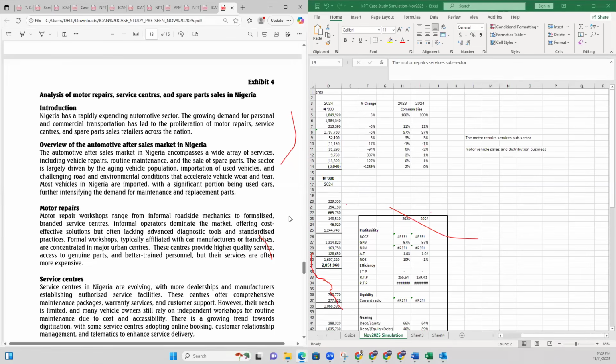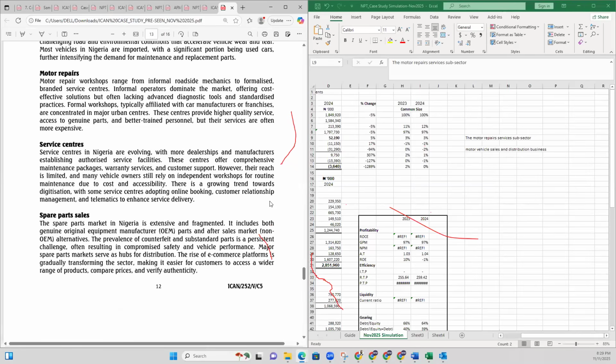Most vehicles in Nigeria are imported, with a significant portion being used cars, further intensifying the demand for maintenance and replacement parts. Motor repairs. Motor repair workshops range from informal roadside mechanics to formalized branded service centers. Informal operators dominate the market, offering cost-effective solutions, but often lacking advanced diagnostic tools and standardized practices.